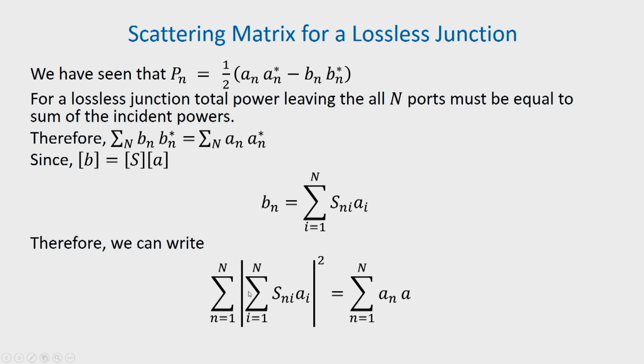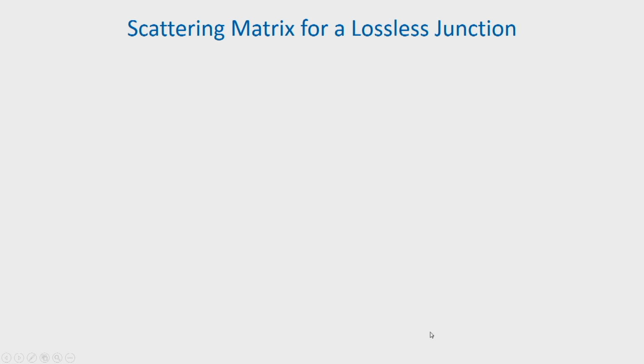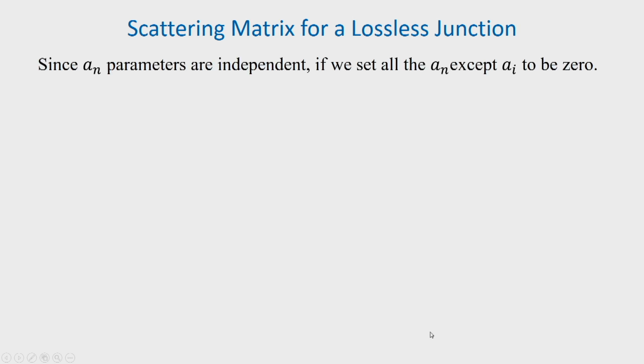And then if we substitute here in this expression B n and B n conjugate, then essentially we will get the modulus of summation of S n i A i squared, and this side we will get summation of A n conjugate. Now, these parameters A n are the input parameters, and therefore they can be chosen independently.